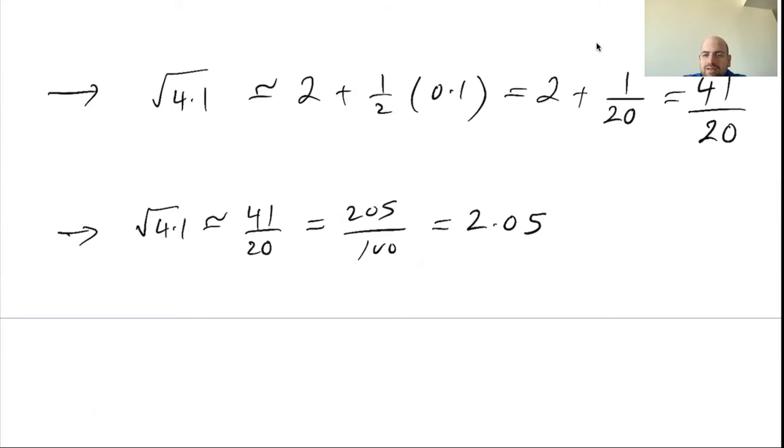So one immediate advantage is that we could estimate, not calculate the exact value, but estimate root 4.1 without a calculator. Now, that's just one immediate advantage. Like I said, for the topic of differentiation and integration, working with straight lines and in general polynomials is much easier, right?